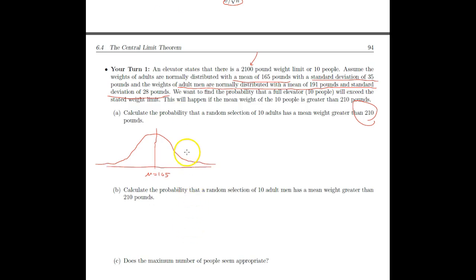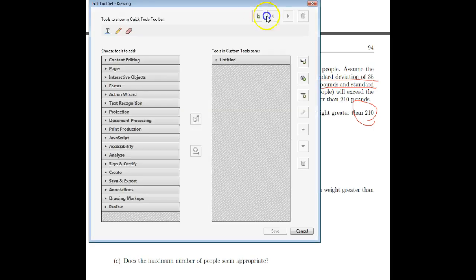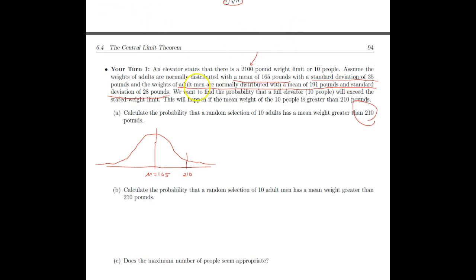That always happens. Cool. And we're trying to find the probability that a selection has a mean weight greater than 210 pounds. So where am I going to shade? I'm definitely going to shade to the right, greater than this data value. Oh, there we go. Okay, cool.